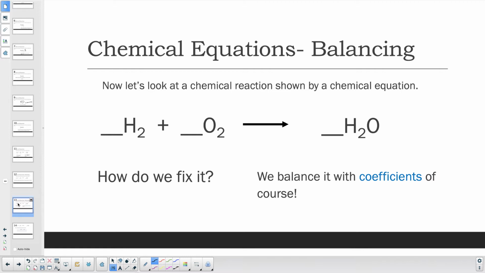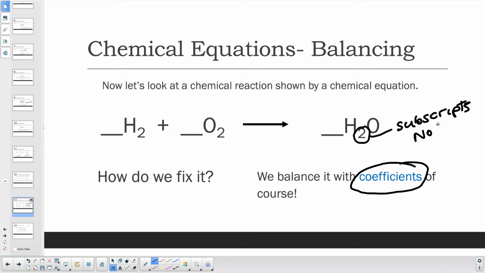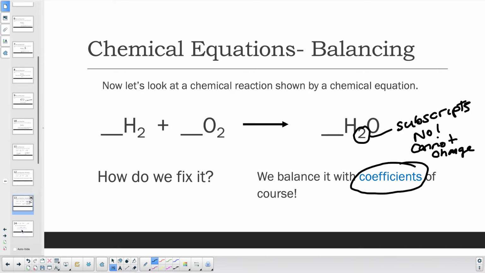We are allowed to change the coefficients. But we're not allowed to change the subscripts. No, cannot change these. So make sure that when you balance equations that you only change coefficients.